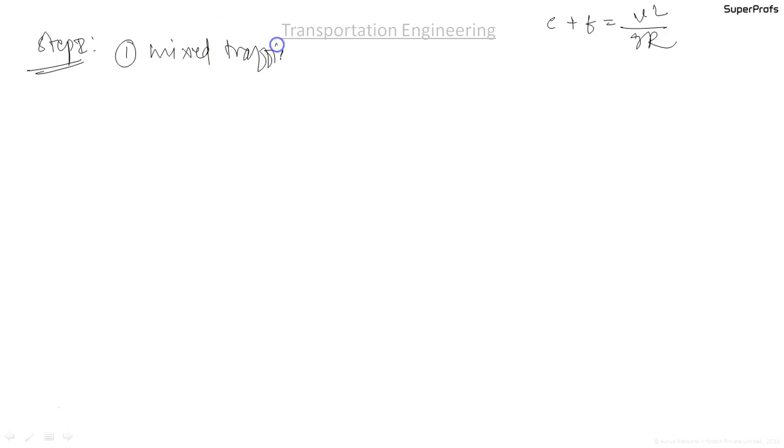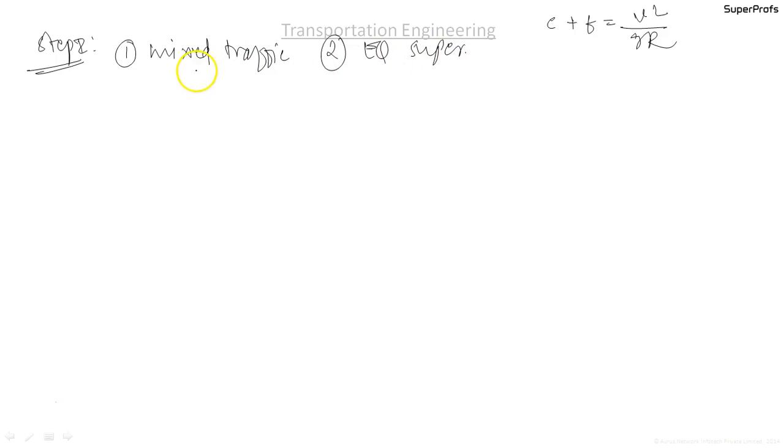For recap, I'll repeat that there are three steps. In step number 1, we have one basic formula, E plus F equal to V square upon GR. In step number 1, there are two considerations: first, we consider the mixed traffic condition, and second, we consider the equilibrium super elevation.